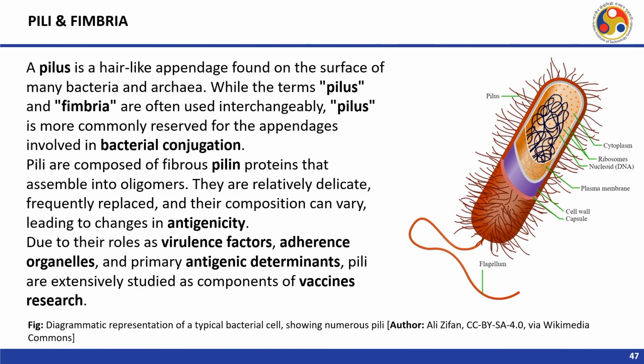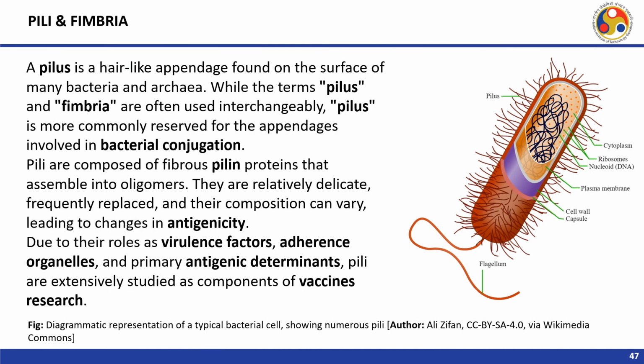Let us now discuss pili and fimbriae. A pilus is a hair-like appendage found on the surface of many bacteria and archaea. While the terms pilus and fimbria are often used interchangeably, pilus is more commonly reserved for the appendages involved in bacterial conjugation.